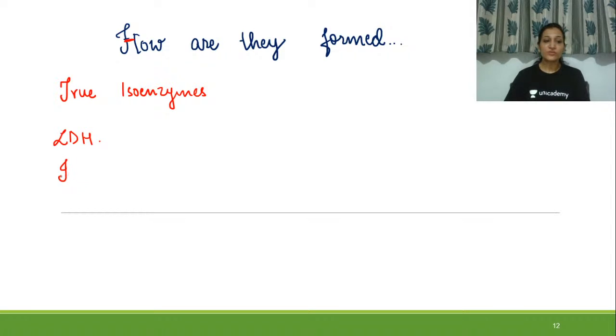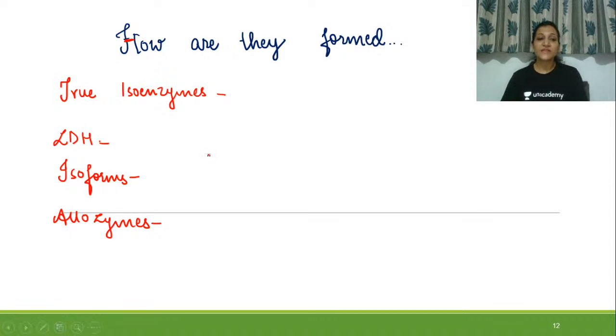Then there are isoforms. Then alloenzymes or allozymes. So true isoenzymes, LDH, isoforms and alloenzymes or allozymes. These are the basis on which they are formed. So remember these four categories of how they are formed, their origin, right?